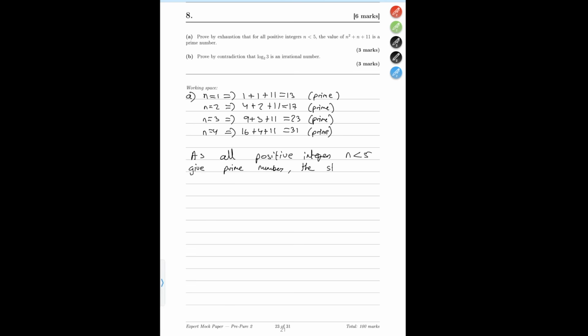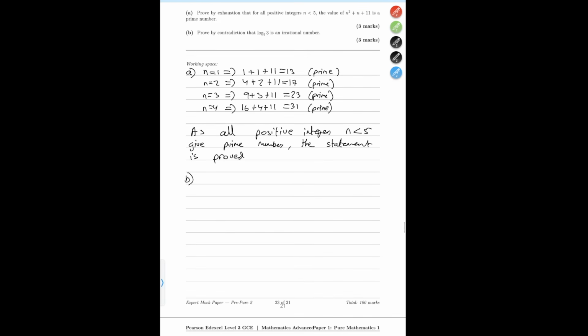Sorry, I got a bit mixed up there. So there we've proved by exhaustion that for all positive integers n less than 5, this value is a prime number. So now let's work on part B, proving by contradiction that log 2 of 3 is an irrational number.